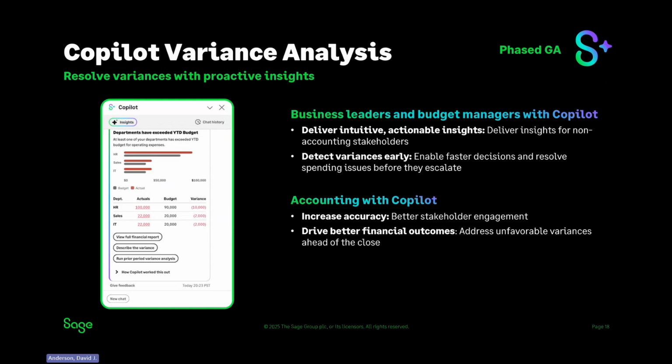What Copilot Variance Analysis transforms is the entire workflow. It offers you instant access to the insights so that your controllers, your department managers, your location managers can automatically alert the budget owners when the actual variance happens. And it does that with real-time visibility. That way, budget owners can then check their spending at any time they need. They can make informed adjustments.